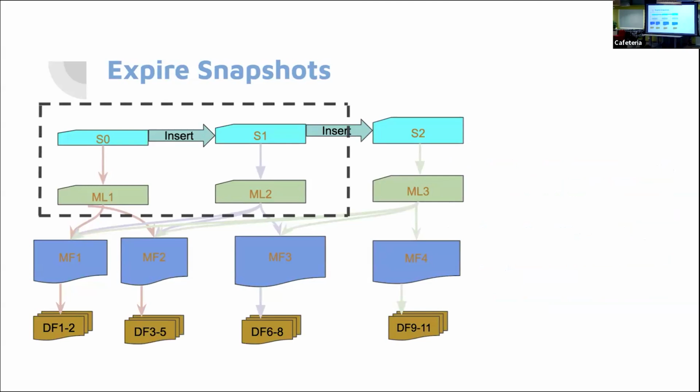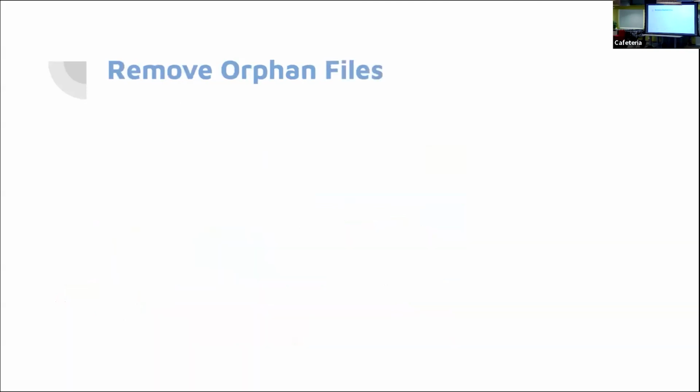It is not deleting the other manifest files. Why? Because you have not run the compaction. If you run compaction, your MF1, 2, 3 will become unused for the current snapshot, so it will delete those files as well. Since the current snapshot is still referring to those manifest files, it is not deleting them. Not only manifest files, it will delete the data files as well.